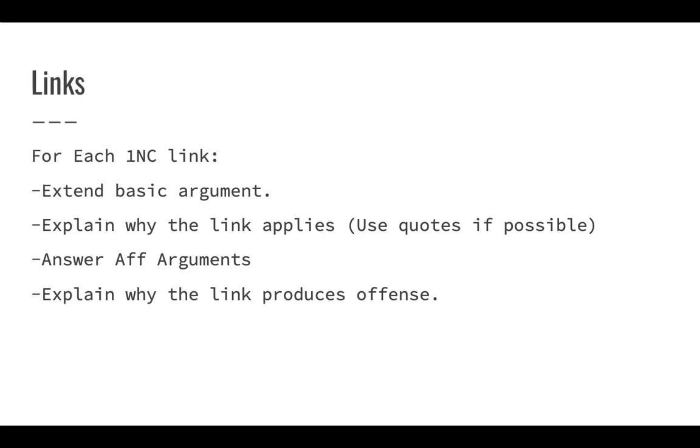So let's say you have a link on your abolition K that's about how framing police militarization as a problem separate from the role of the police as a problem is making it harder to, say, reform other parts of the system, or in our case, abolish it completely.